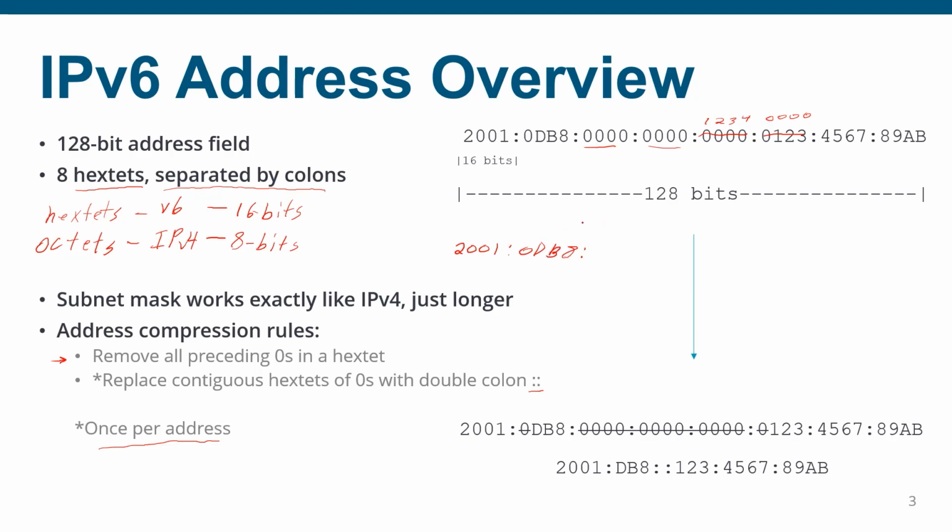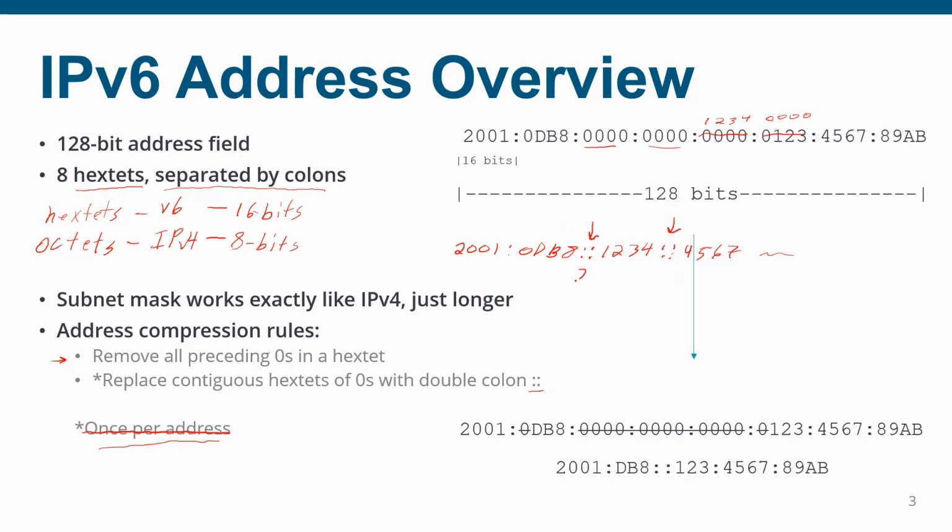And let's say we did zero compression here and we didn't have the once per address rule. So we did colon, 1234, colon, and the rest of the address here, 4, 5, 6, 7, etc. Right now, we have no way of knowing how many hextets are zeros in each of these 2 colons.